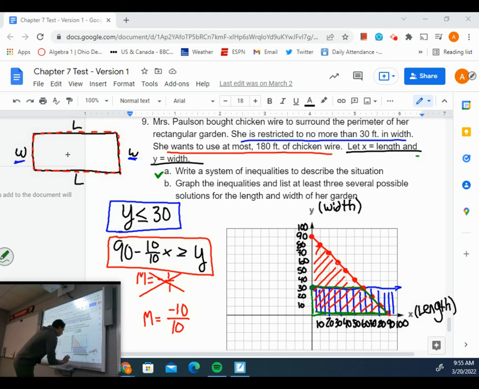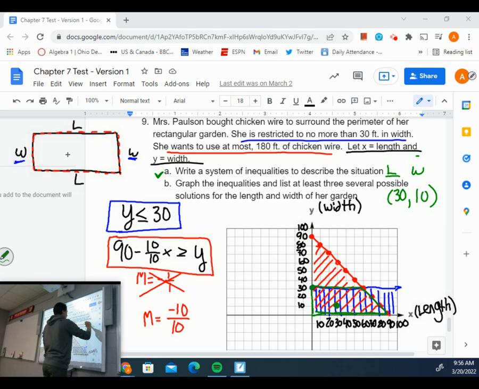So we can just pick some points in here. One of them could be 30-10, which means I've got a length of 30 and a width of 10. Another potential solution, 50-20. Another potential solution, maybe 10-20.